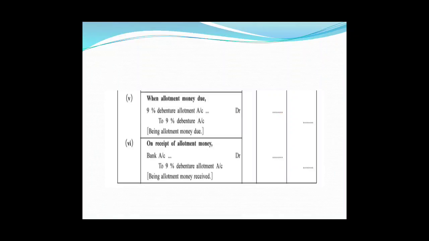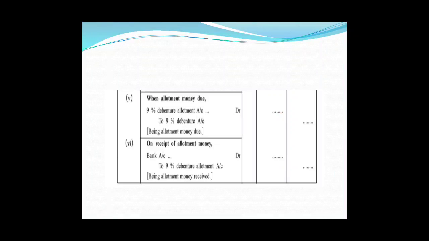In your sum, if it is 10%, then you will write 10. If it is 7%, you will write 7. 12%, then 12. So 9% debenture allotment account debit to debenture account, and then on receipt of allotment money, bank account debit to 9% debenture allotment account. We are very much familiar with these entries, which we used to pass in share capital.